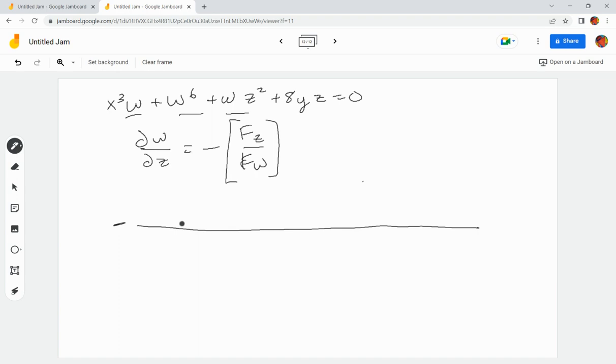Which one looks harder, top or bottom? I think the bottom looks harder, but I will do the top, which is 2WZ, okay? And this is plus 8y. The reason is we're doing a partial derivative of this f with respect to z.